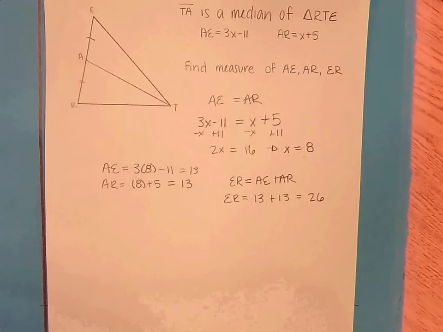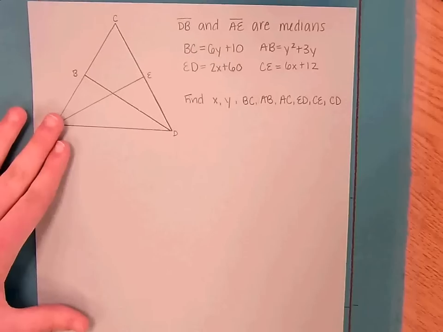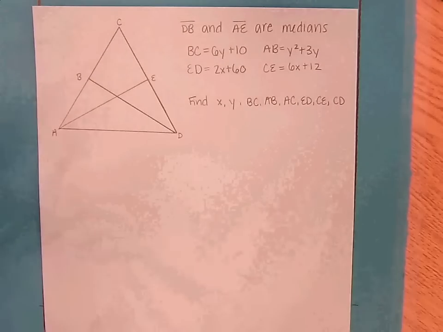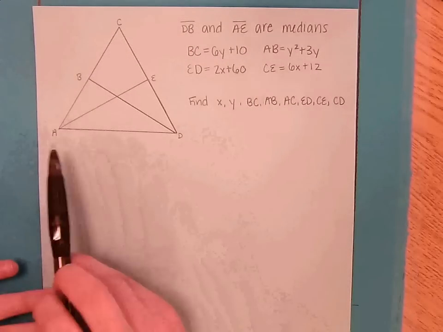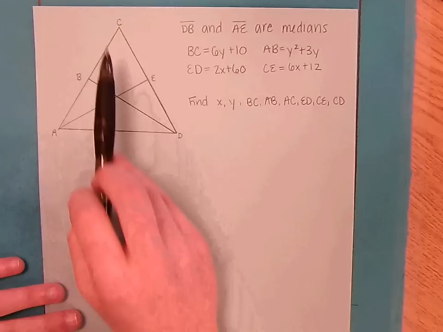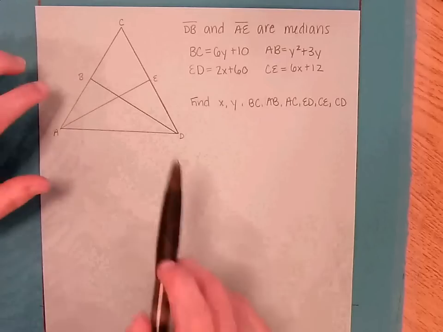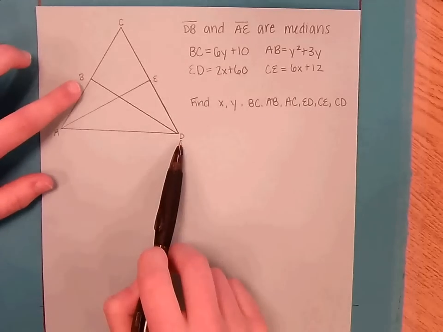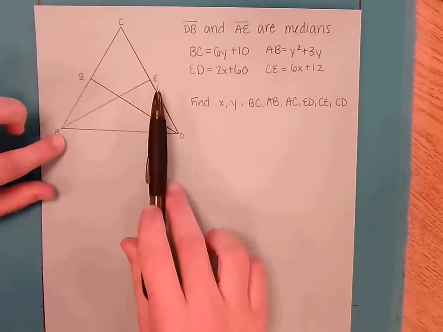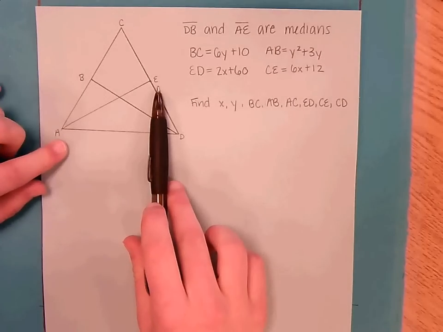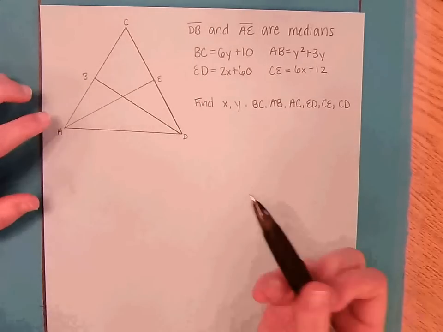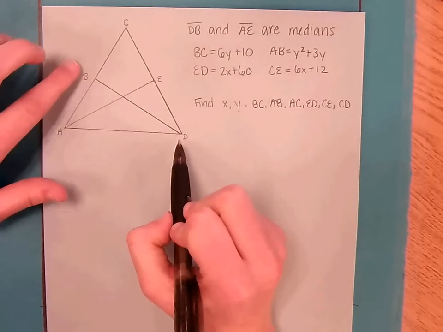For this final problem, we have 2 medians, just like that. So you have triangle ADC as your very big triangle, the main one, and line DB and line AE are medians within the triangle, which means the median splits the opposite side in half.